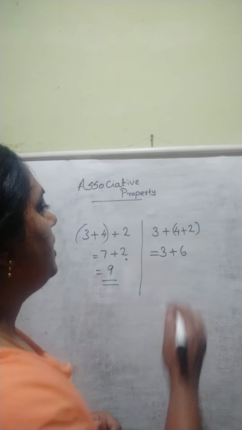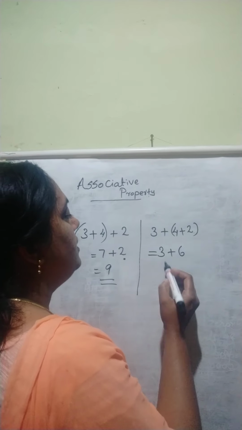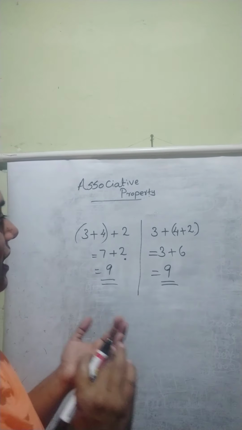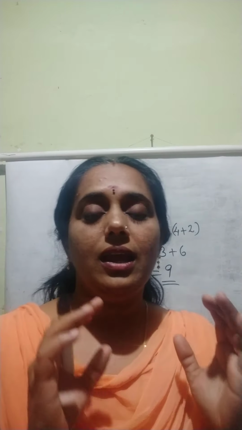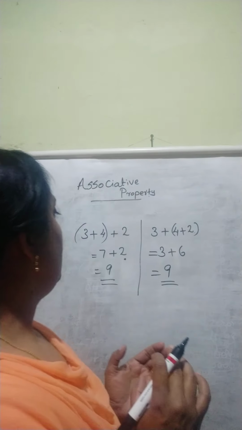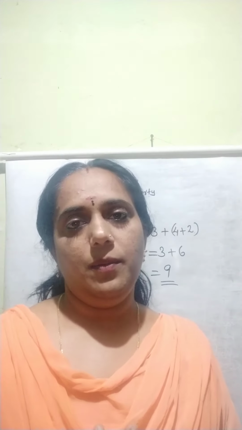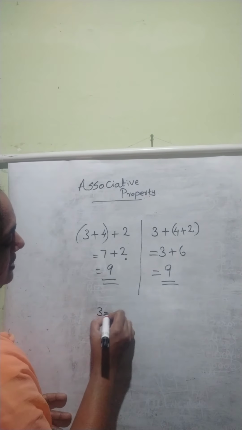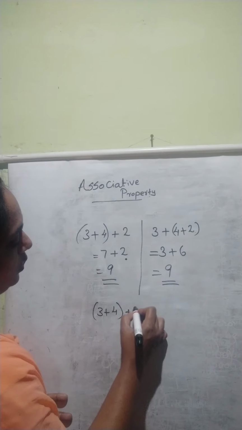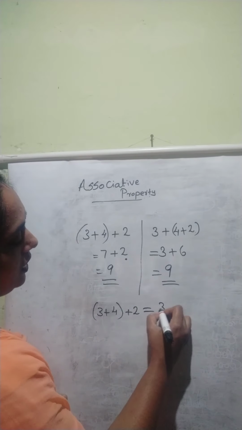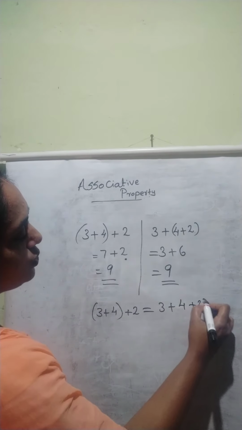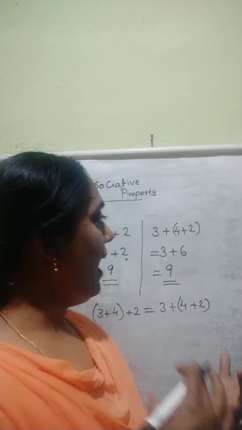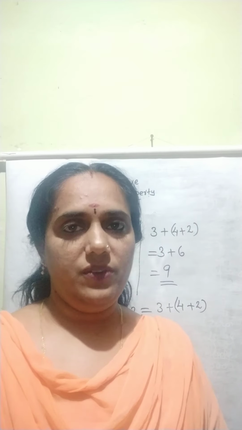So here 4 plus 2, then 3 plus 6 equals 9. So, in the case of addition, we can make the group in any way. That is, (3 plus 4) plus 2 is equal to 3 plus (4 plus 2). All numbers here are integers, all positive integers.